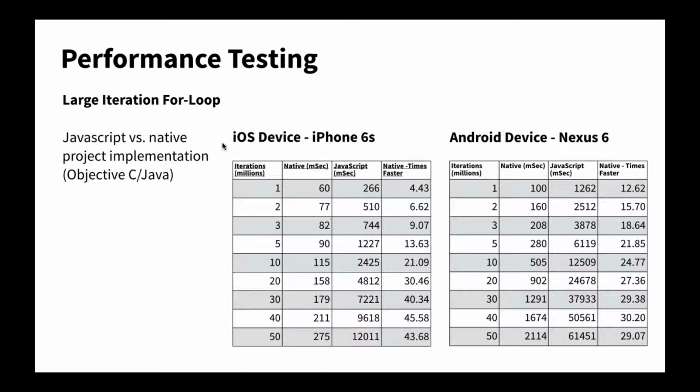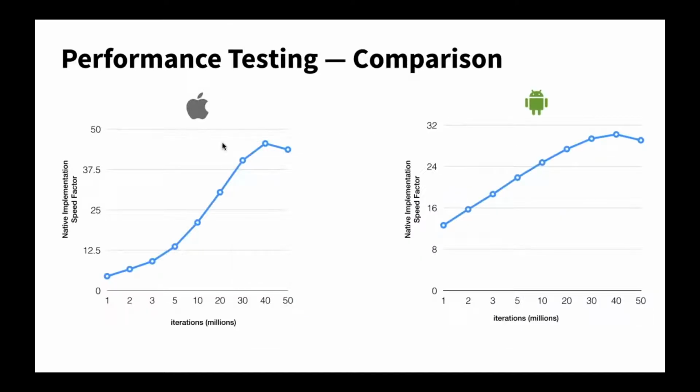Performance testing. So the experiment here was to just run a large iteration for loop and then compare the JavaScript React Native implementation versus the actual native implementation, Objective-C and Java in the Android case. And here's the data for that. The next slide I'll be showing you shows the graph comparison.